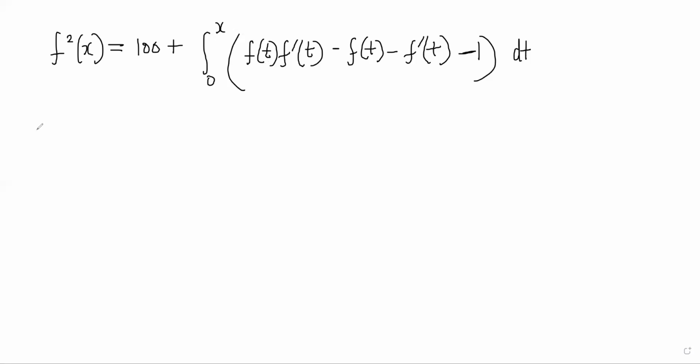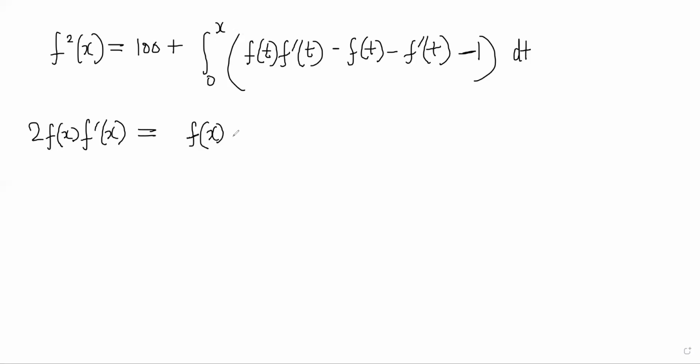So differentiating both sides, I get 2 f of x equals 100 plus, first we put x directly into the function. 100 is not going to be there. Okay, 100 is not there.